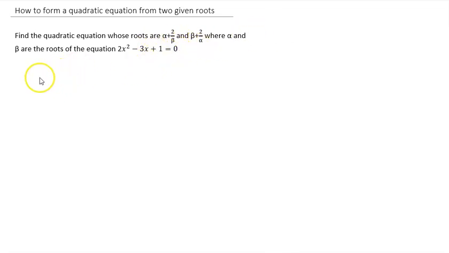Just make sure that you have the structure of quadratic equations in your head, which is x squared minus x into the sum of roots, which is alpha plus beta, then plus your product of roots, which is alpha beta, and this is equal to 0.